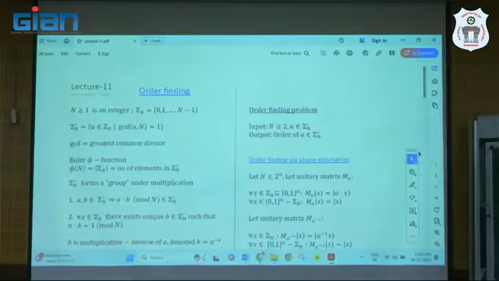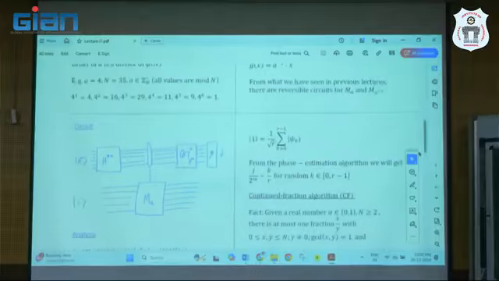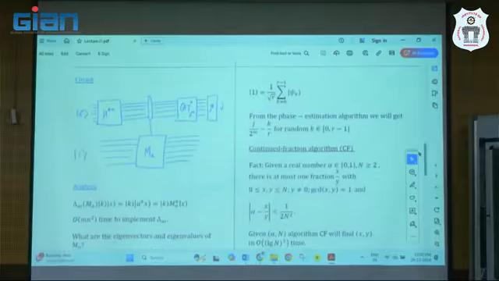So this unitary MA can be implemented using a reversible circuit in place, correct? Similarly, MA inverse can be implemented, x going to A inverse x in place. Fantastic. Once we have circuits for this, we are trying to see how we can use phase estimation.